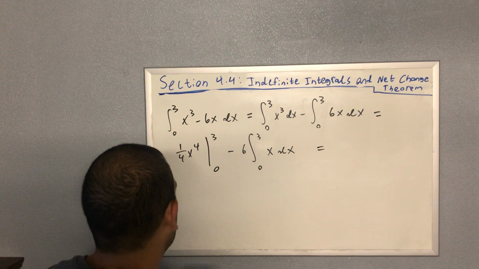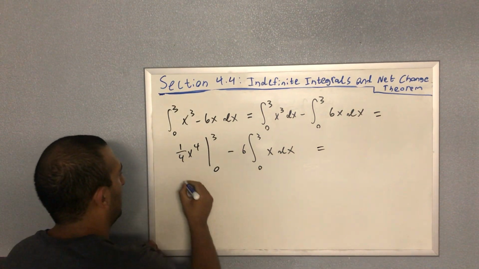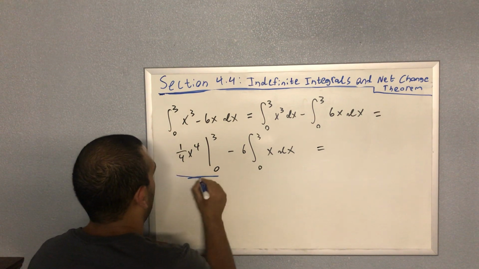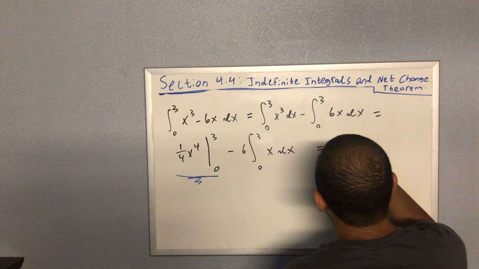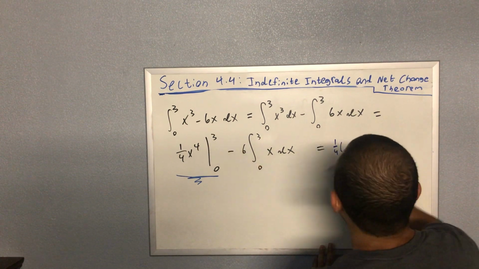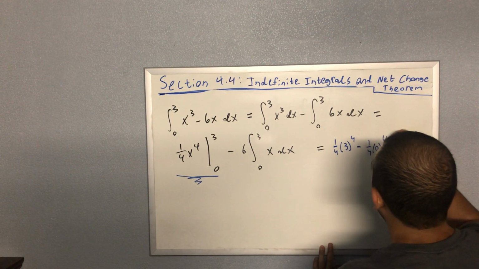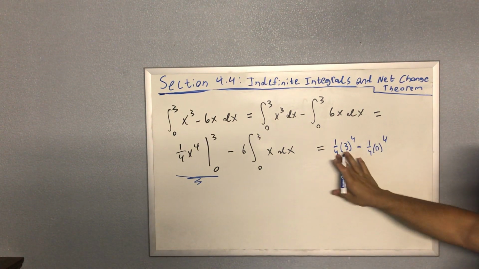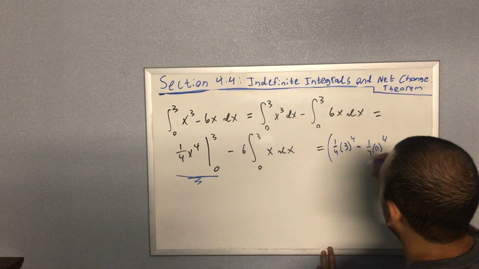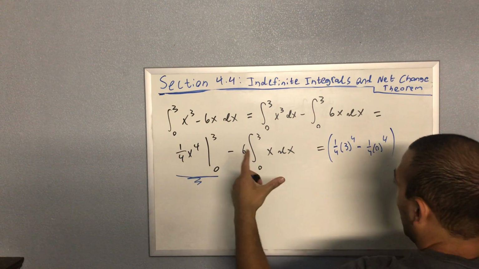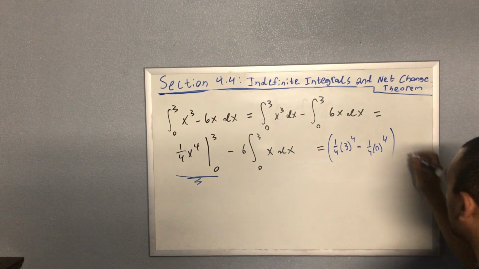So, this chunk here, I'll say that this is blue. Remember, it is just 1/4, so you stick the first number in, 3 to the 4th minus 1/4, 0 to the 4th. Capital F of b minus capital F of a. So that's what that term is. The underlined blue term, all of it gives that. So this entire thing, we're going to be subtracting from.